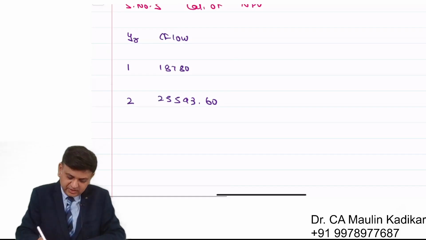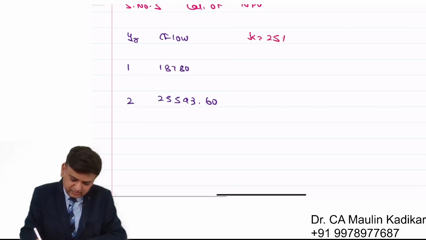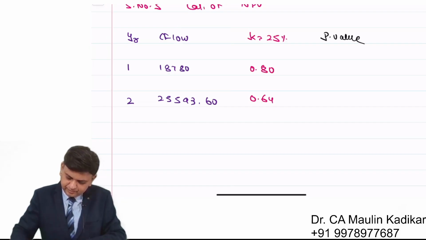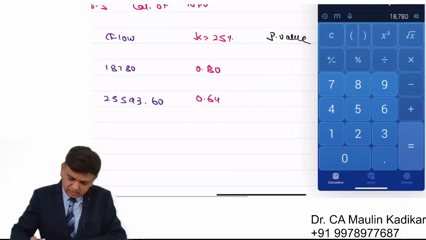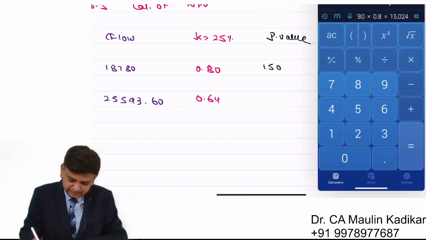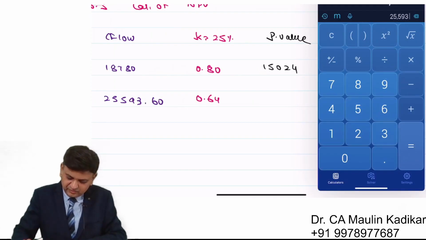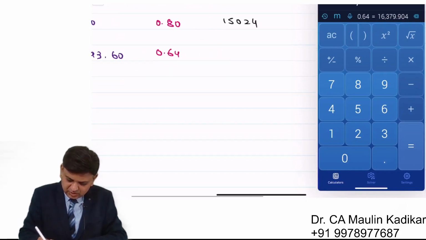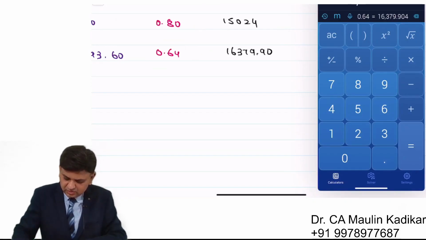It will be discounted at 25%, that is the nominal cost of capital. Then present value. 18,780 into 0.8 is 15,024. 25,593.6 into 0.64 is 16,379.90.